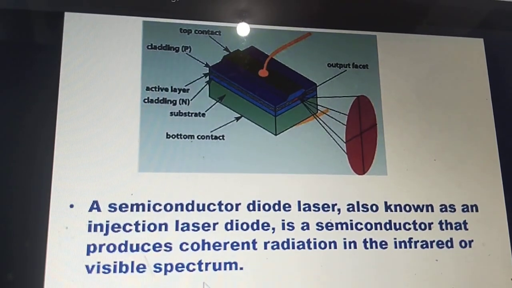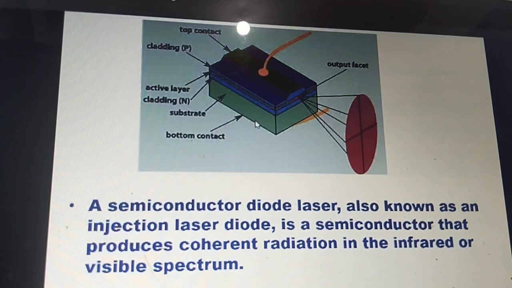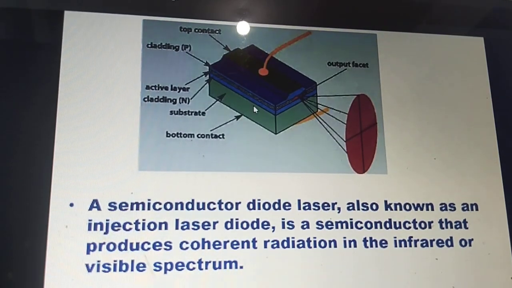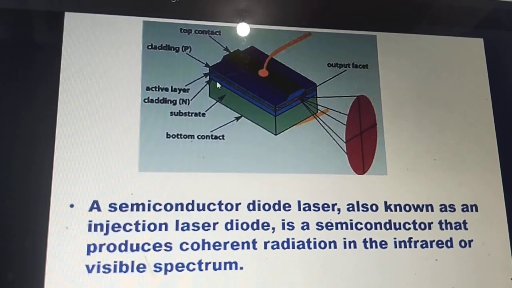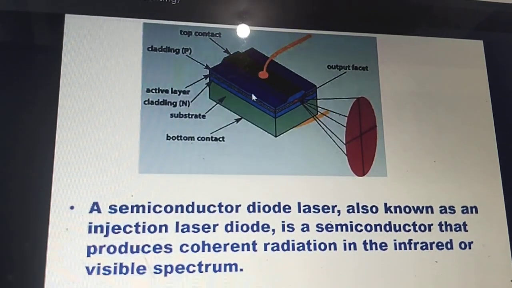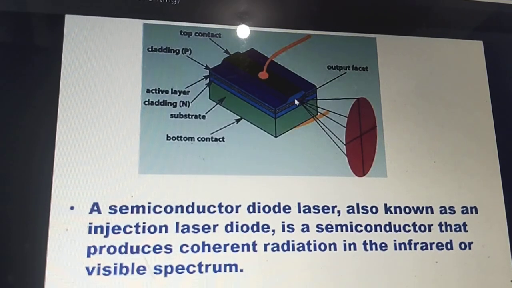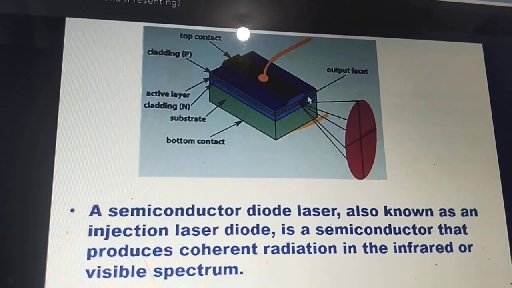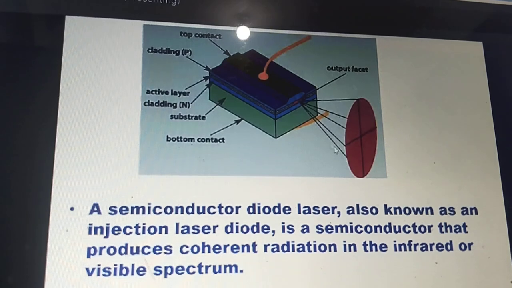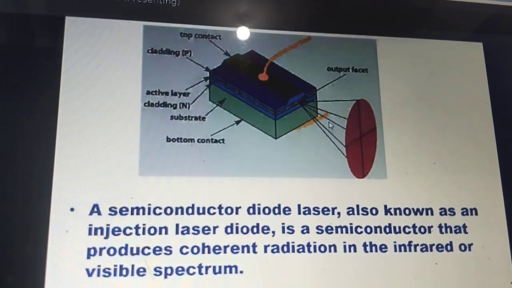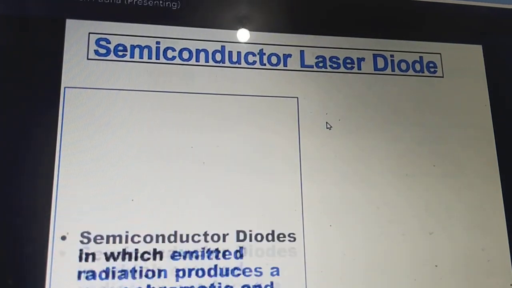So you can see here you have a bottom contact, then there is a substrate, then there is a cladding, then diode, then again cladding, and then top contacts, and this face from where the beam of light emerges out of the diode.